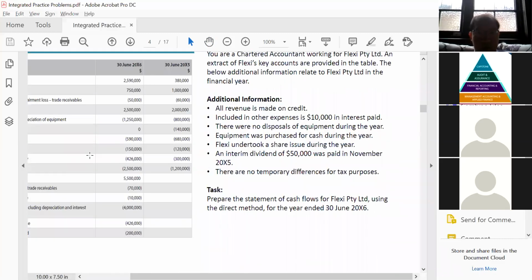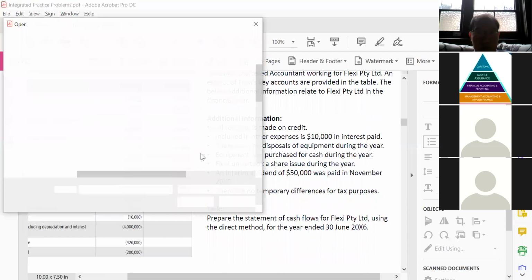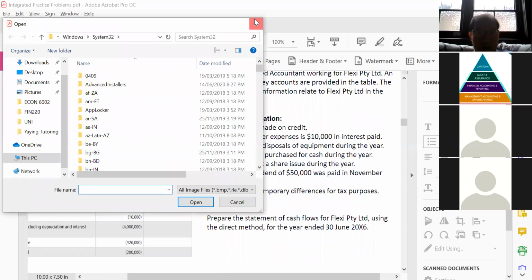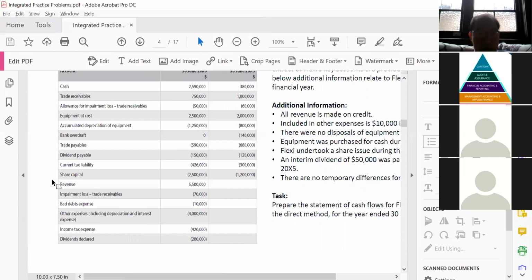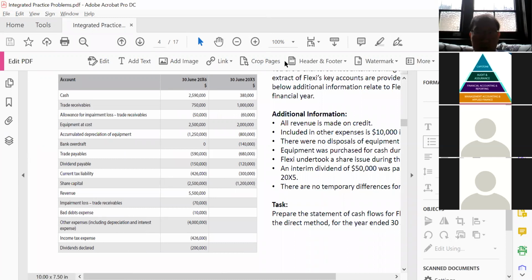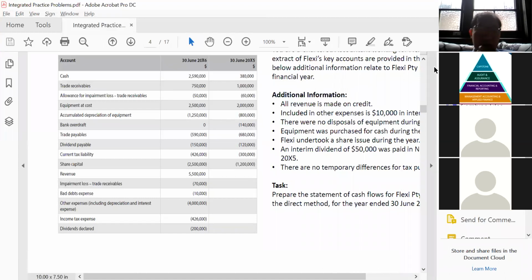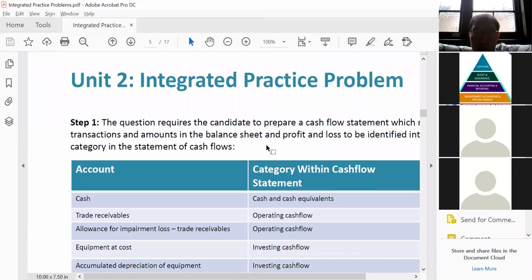Share capital belongs in this part here. It has an opening balance of 1.2 million and a closing balance of 2.5 million. Clearly the share capital account has gone up, which means that we have issued new shares during the year, and that is how we solve this one.